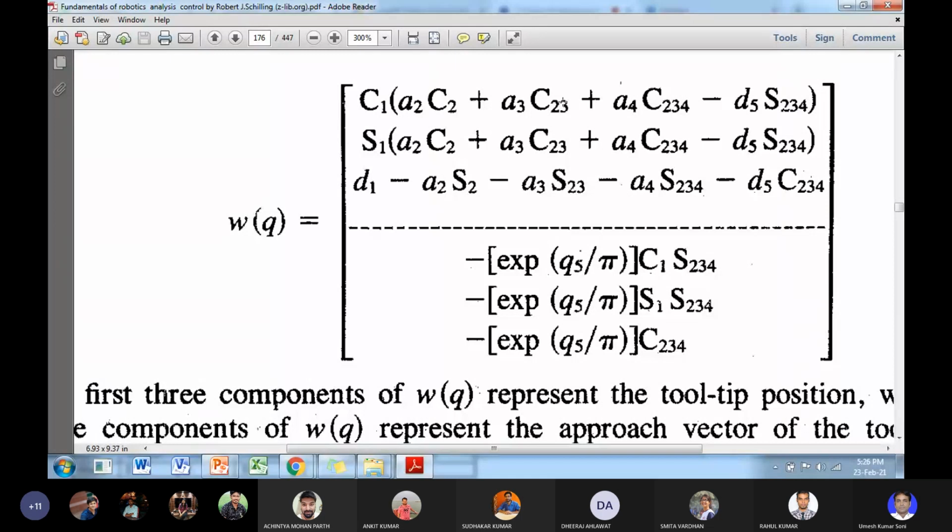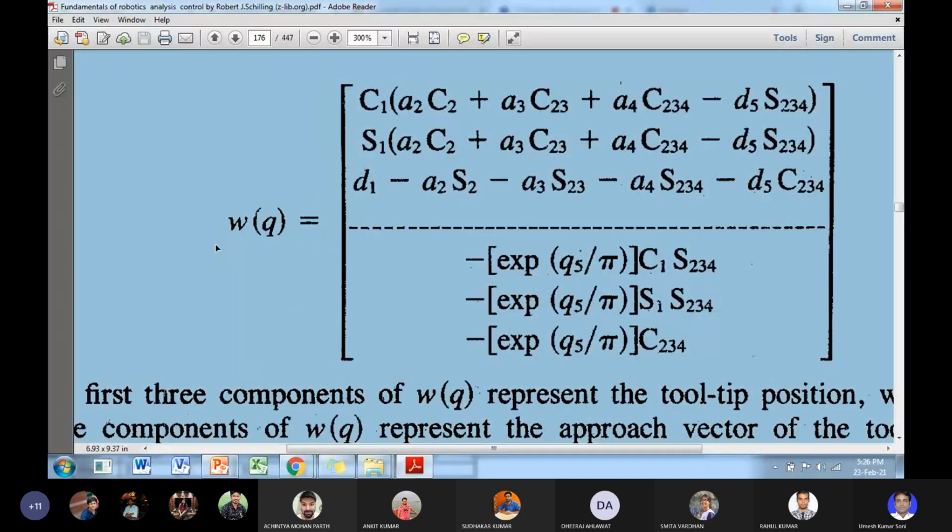This is cos of theta 2 plus theta 3. This is cos of theta 2 plus theta 3 plus theta 4. This is sin of theta 2 plus theta 3 plus theta 4. So you take the partial derivative of this vector with respect to theta 1. Okay, so calculate this.